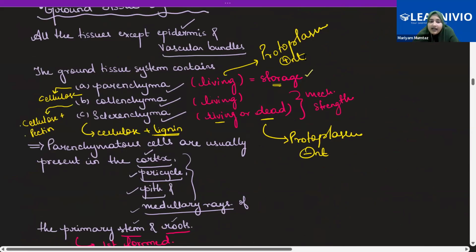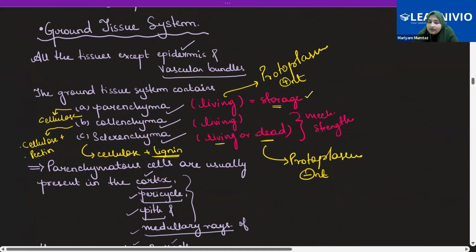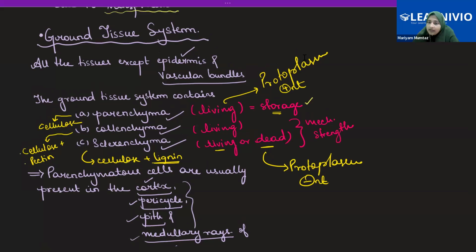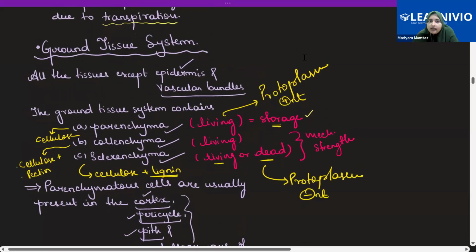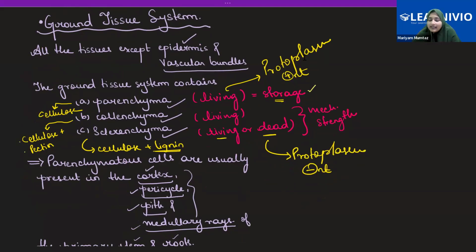Now the next tissue system we have is the ground tissue system. You people want to write a bit, or shall I continue? You can continue. Okay. Ground tissue system is every kind of tissue that the plant is made up of, except for the epidermis and obviously the vascular. The ground tissue system has the simple permanent tissues: the parenchyma, the collenchyma, and the sclerenchyma.